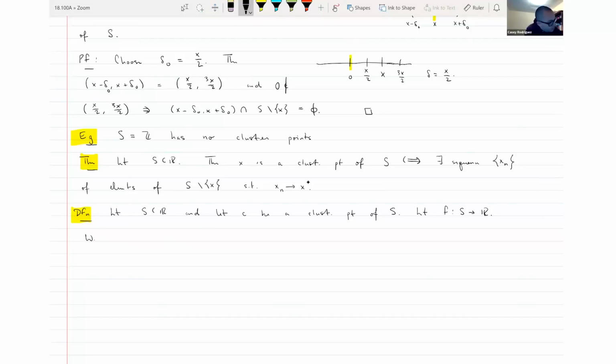So you say f of X converges to L as X goes to C. So this is the new terminology here.